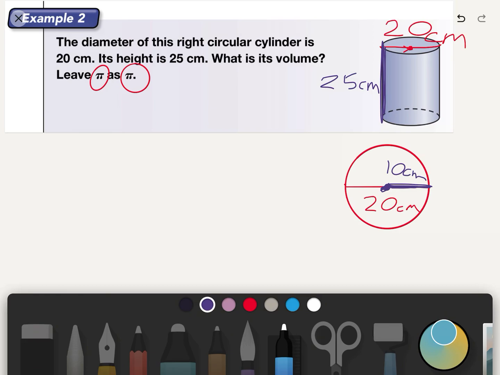So essentially it's 10 centimeters times pi, squared.